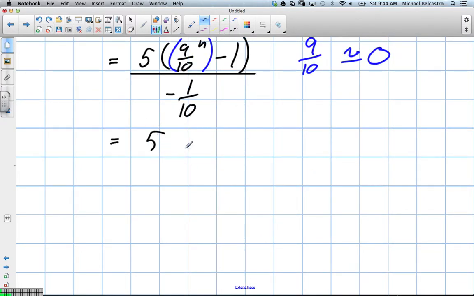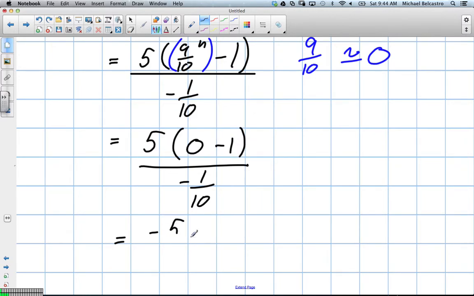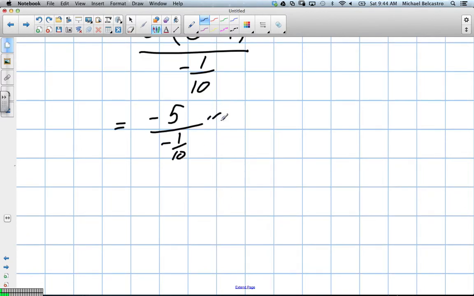So we have 5 times 0 minus 1, all over negative 1 over 10. 0 minus 1 is negative 1, times 5 becomes negative 5. You okay with that? All divided by negative 1 over 10. This is the reason I kept it in a fraction. Because this is a division sign, let's just divide fractions. When we divide fractions, we multiply and invert the second number.